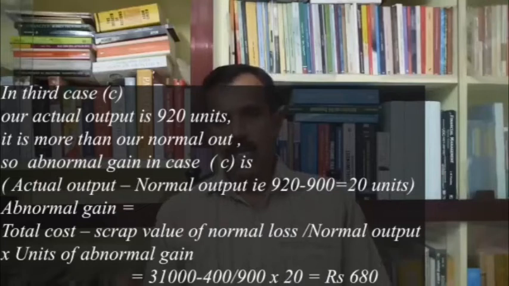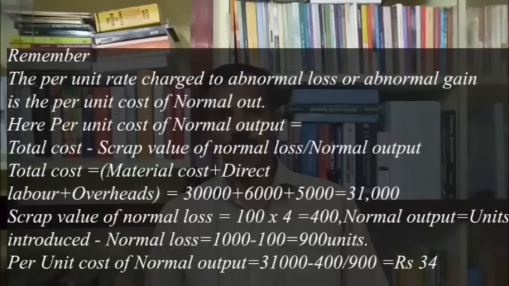I want you to remember one thing. Firstly, we find out the per unit cost of our normal output. We know the per unit cost of our normal output is 31,000 minus 400 divided by our normal output of 900 units.